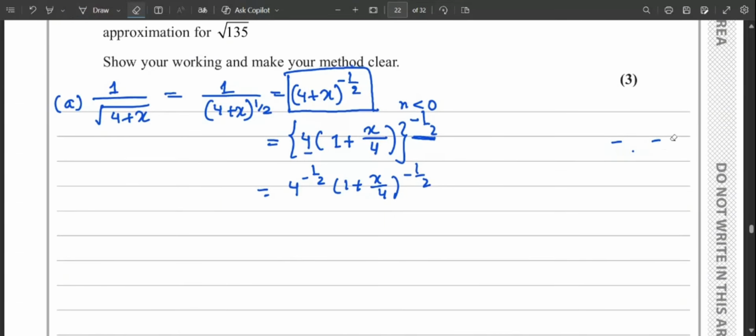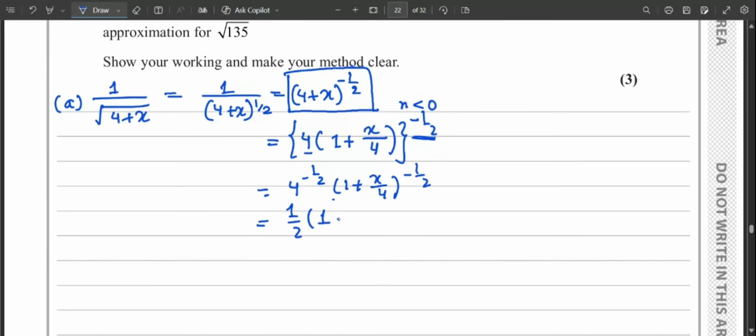We can see that 4 into (1 plus x by 4) whole to the power of minus half is equal to 4 to the power of minus half into (1 plus x by 4) to the power of minus half. Simplifying this, we get 1 by 2, and for (1 plus x by 4) to the power of minus half, I can just calculate the binomial series expansion. So abiding by our formula, we can do this expansion.